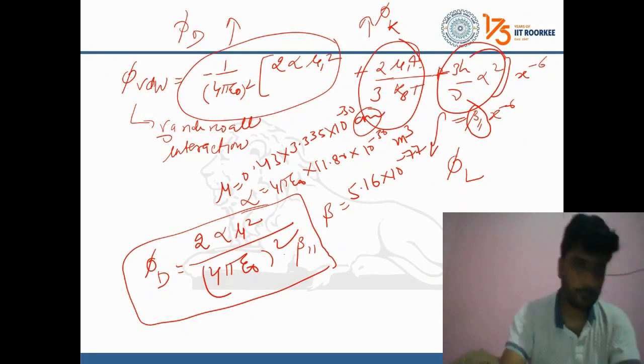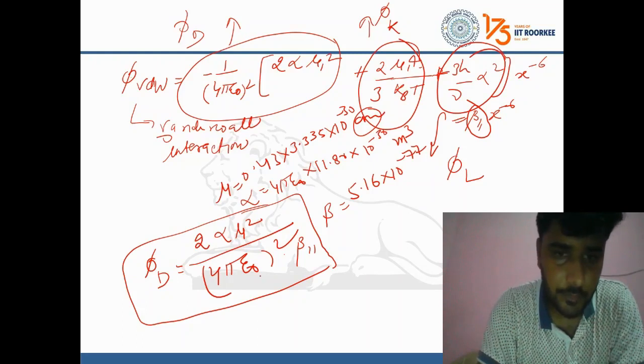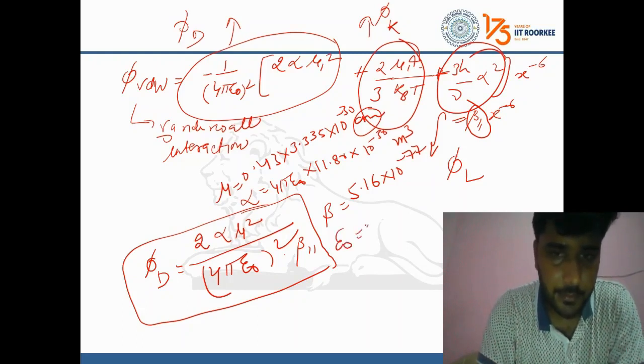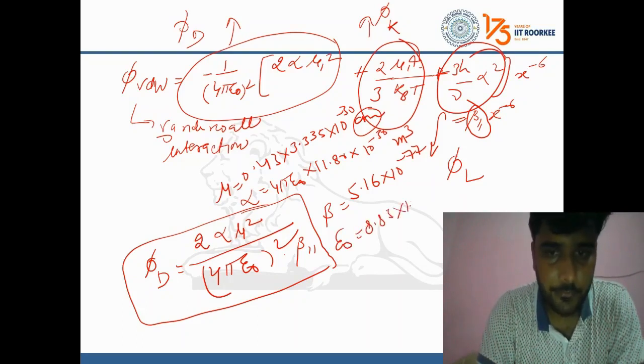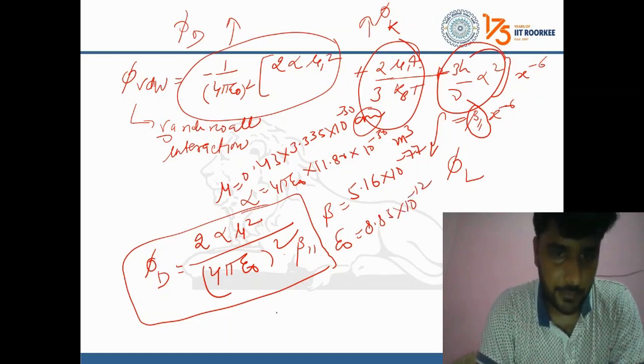Okay, so the value of all terms is given here. Epsilon naught is 8.85 10 raised to minus 12. So putting all these values here.